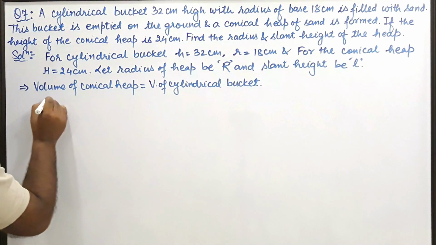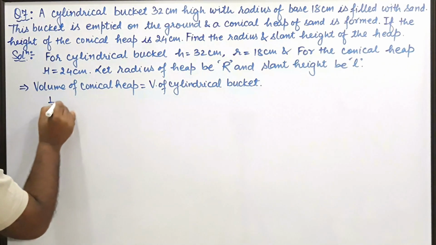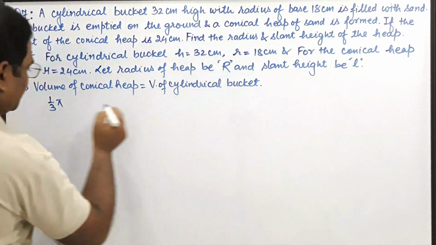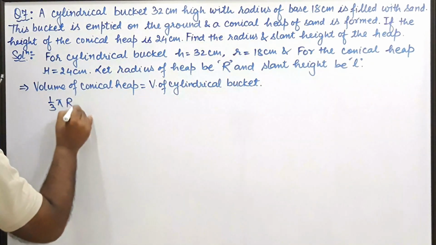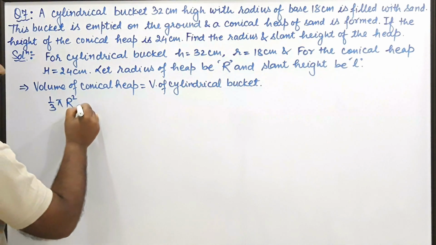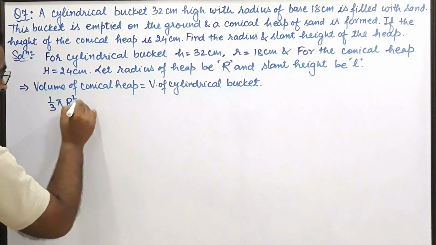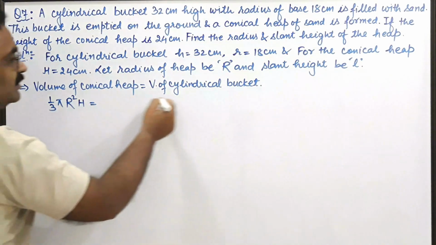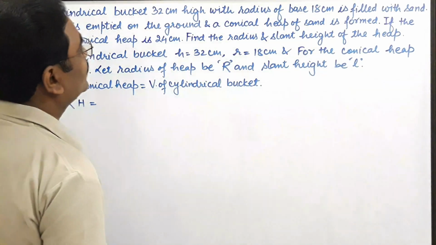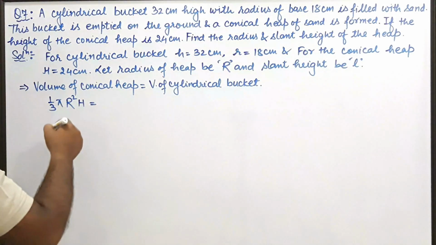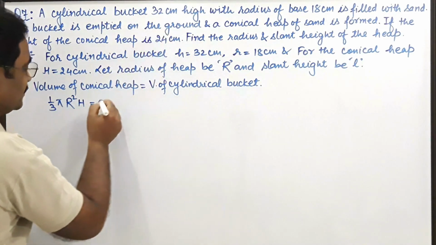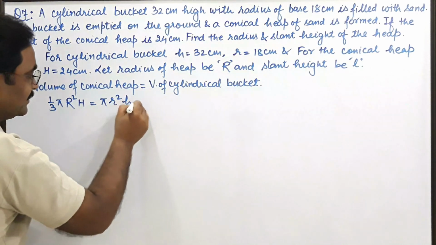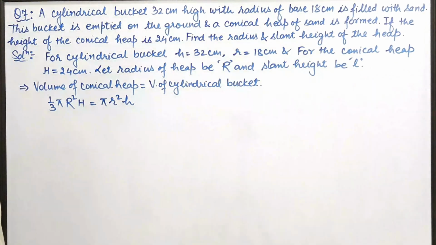So 1/3 pi r square, r for the heap is capital R we have taken, r square, and h is the capital height we have taken. And for the cylindrical bucket, the volume is pi r square h. Pi, radius is small r and height is small h we have taken.